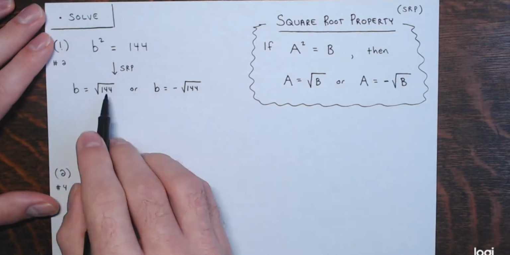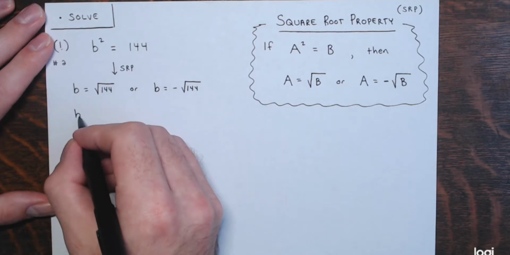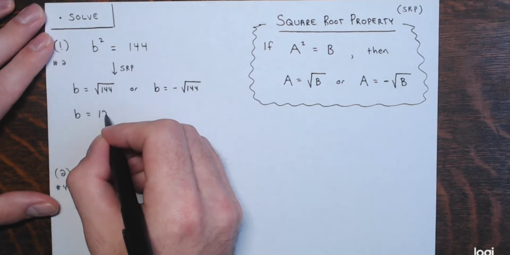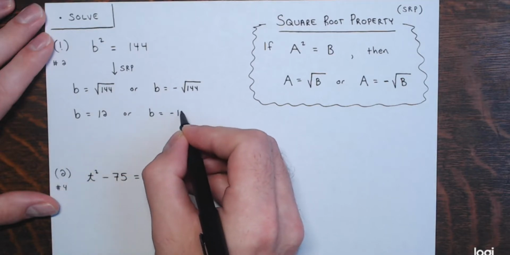Now remember, the square root of 144 is just 12. So b is either 12 or b is negative 12.